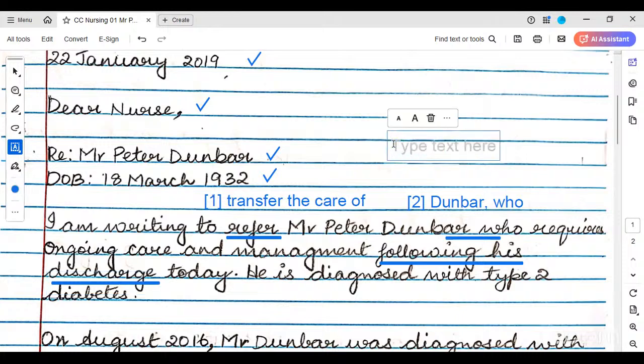Okay, point number 3. What is that? Who requires ongoing care and management, comma, to your facility. So transfer the care of Mr. Peter Dunbar to your facility. So here, you have management, comma, to your facility.